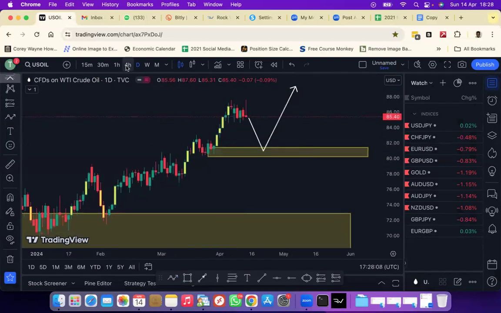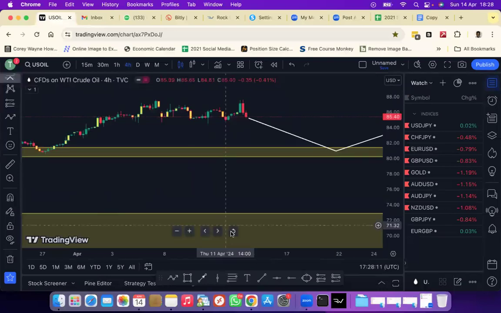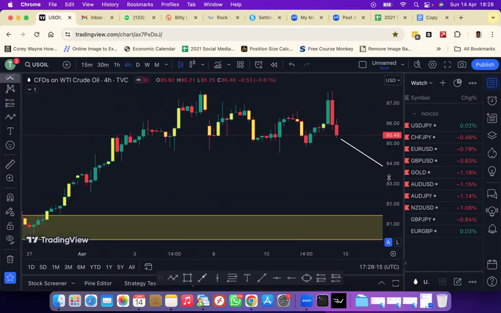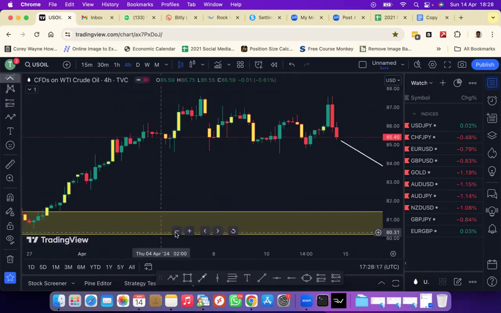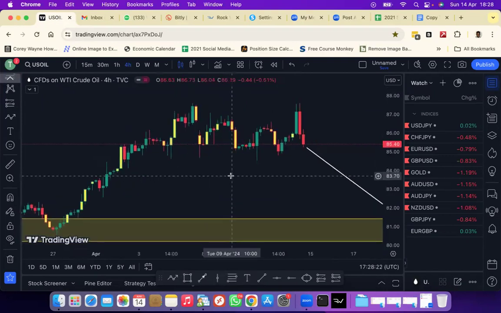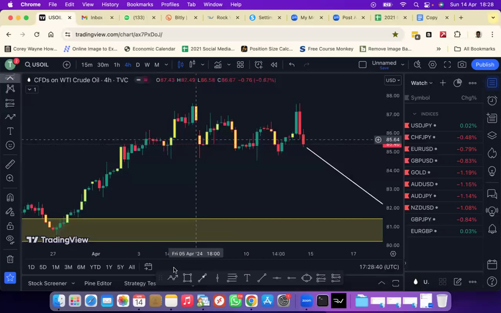Now let's go to the 4 hours and be more precise. So on the 4 hour time frame, what do we have going on? What's the structure? Remember the structure on the daily time frame: market is bullish, and we are currently expecting a retracement on the daily time frame. Now this is the 4 hour time frame, and what do we have right here on the 4 hour chart?